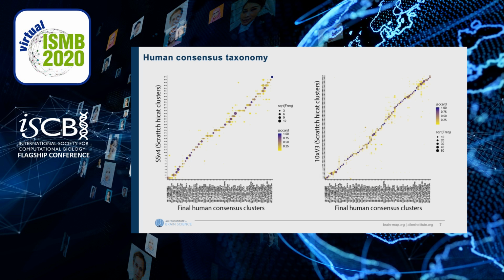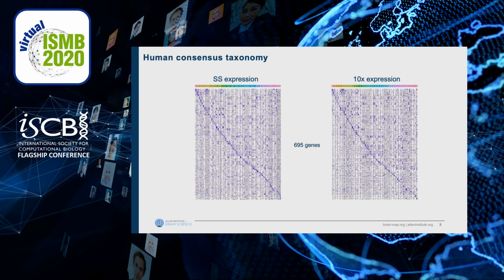One nice sanity check to make sure you're not scrambling all the biology that's there is to look at how well marker genes are preserved in these new integrated clusters for each modality. Here's a heat map showing all the human inhibitory consensus clusters as columns.